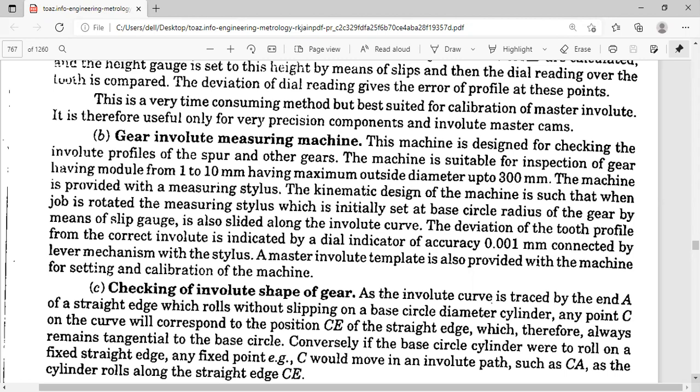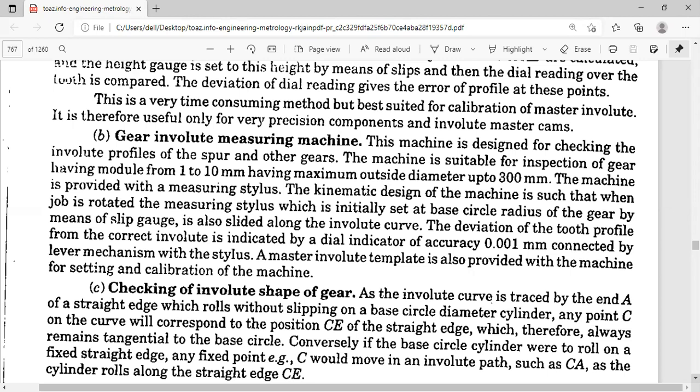Then the straight edge of the instrument, whatever straight edge we have discussed before, you bring in contact with the base circle of the disc, which we have made in the tool room on the surface grinding machine.